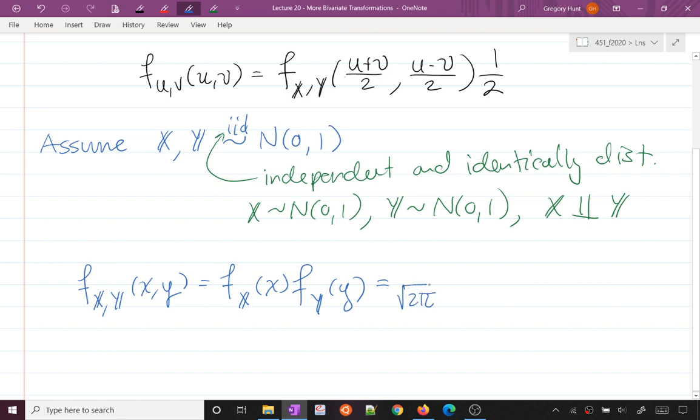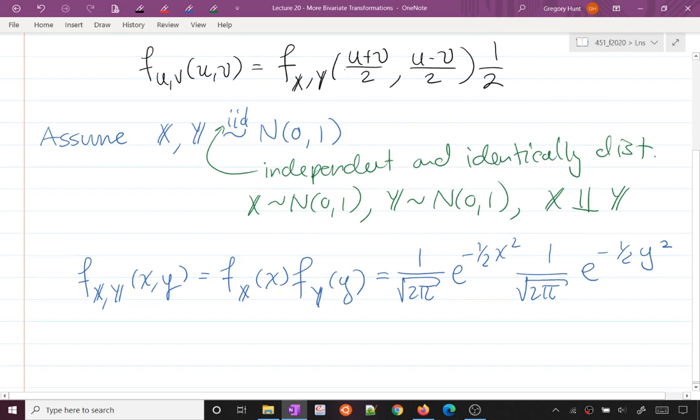The marginal PDF of X is 1 over root 2 pi e to the negative 1/2 x squared. And the marginal PDF of Y is similar, but replacing x with y. Those are the PDFs of a standard normal distribution.